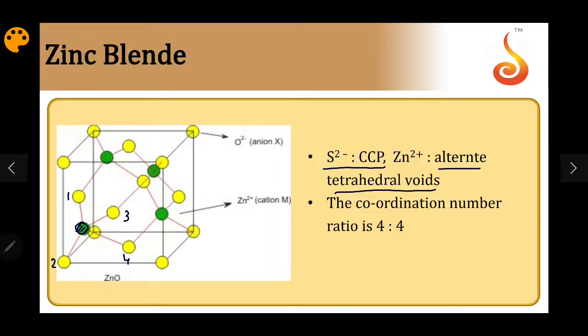So each zinc is attached to 4 sulfide ions, and in turn each sulfide ion is also attached to 4 zinc ions. If I take this sulfide ion, this is 1 and this is 2, 2 are in the other unit cell. So the coordination number ratio is going to be 4:4.